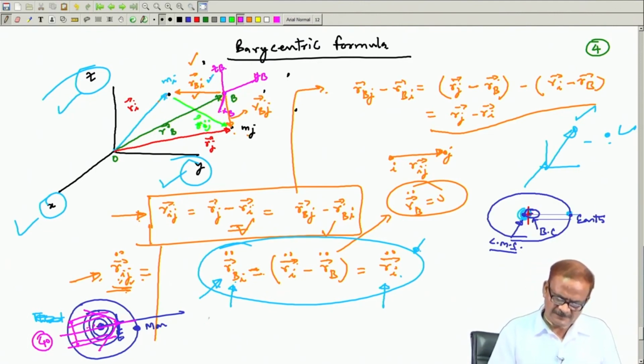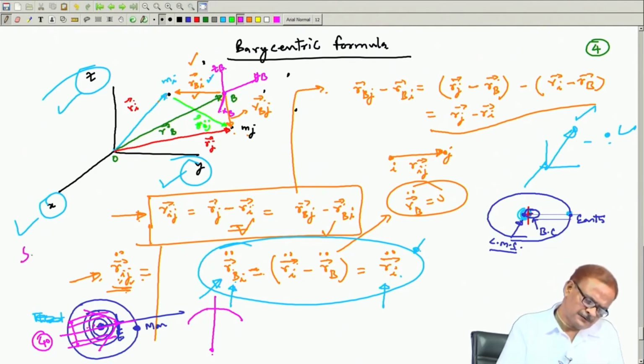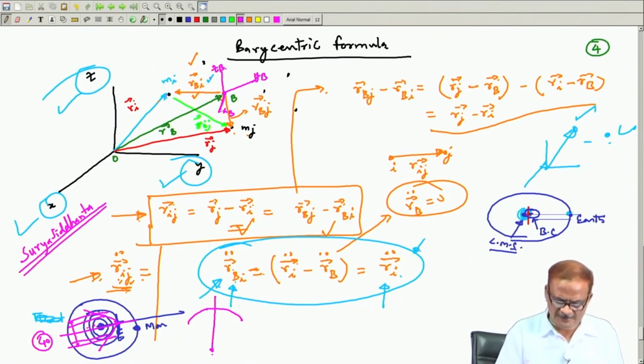Okay, so that is also described in the book called the Surya Siddhanta. This is a book which deals with the planetary motion.